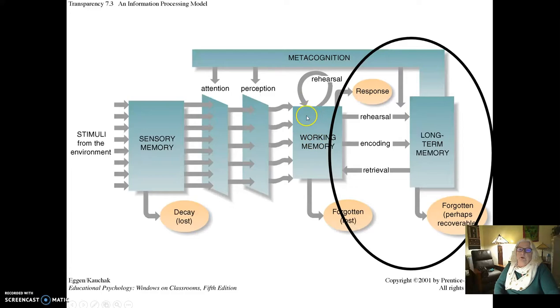You see, there's some rehearsal that just is keeping it in working memory, like when I say the phone number as I move from the phone book to the telephone to call the pizza place. But if I'm putting information meaningfully into long-term memory, I want to encode that information in a way I can retrieve it in multiple ways.